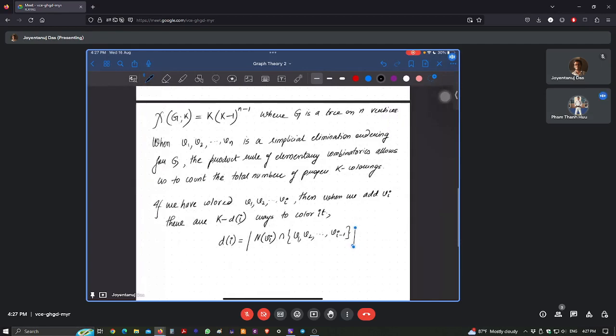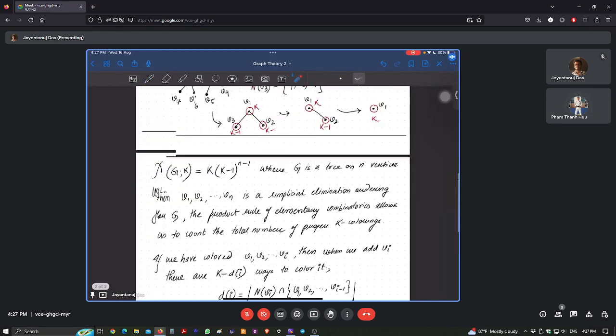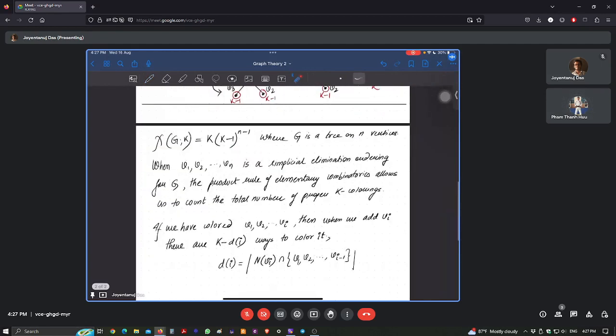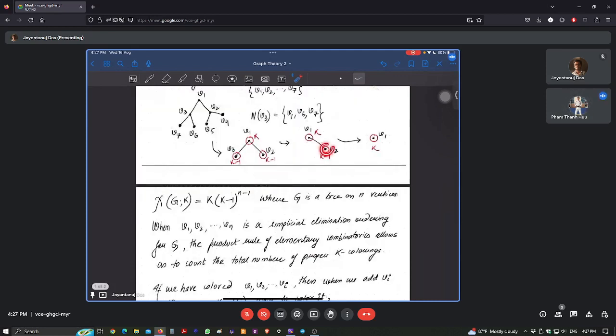If we check for the particular case of a tree, then d_i is nothing but vi intersected with what is there up to the previous, v1, v2 up to vi minus 1. Here you can check d of 2 is 1, d of 3 is also 1, because it is attached to only one of the previous ones.